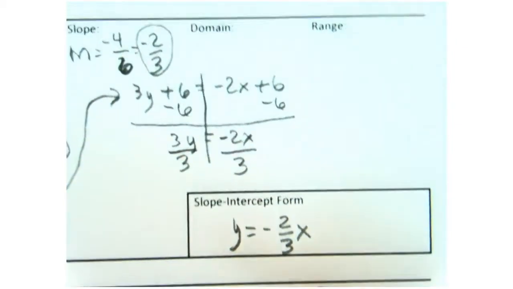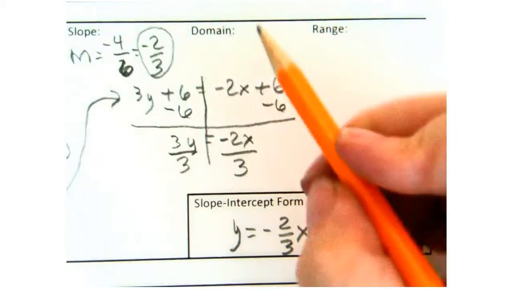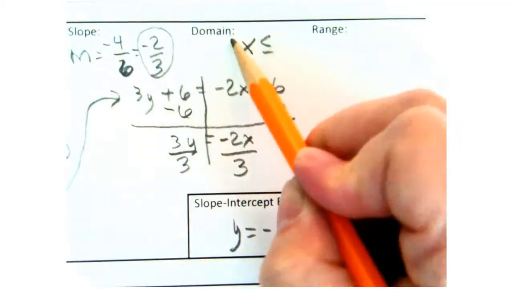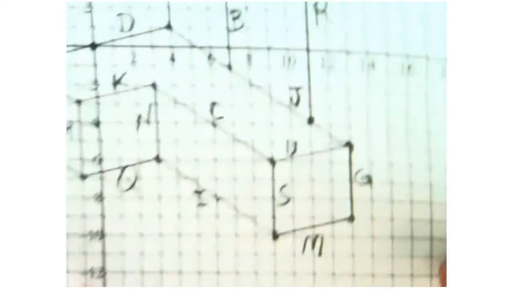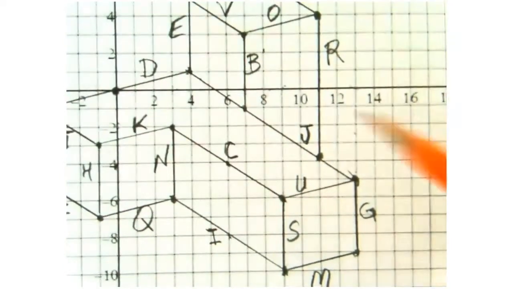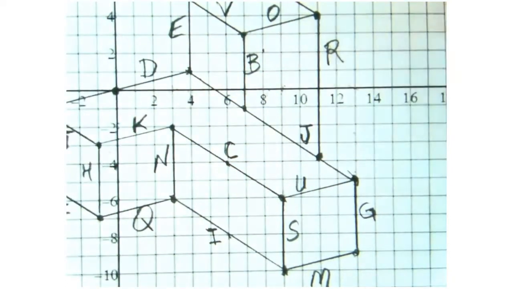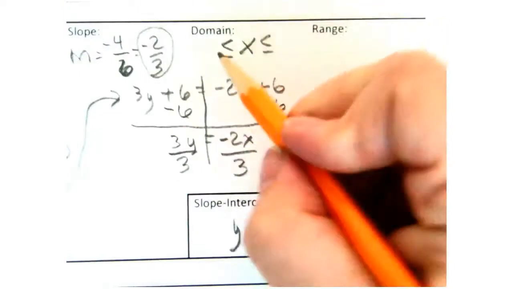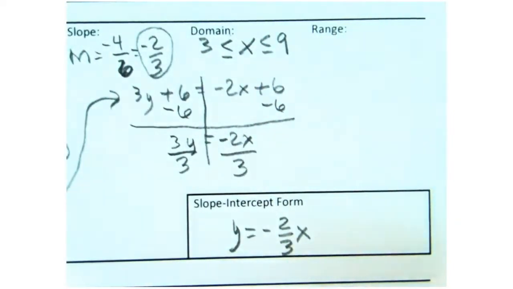Now we look for the domain. The domain is the x values of the endpoints. Three and 9. X is greater than or equal to 3 and less than or equal to 9.